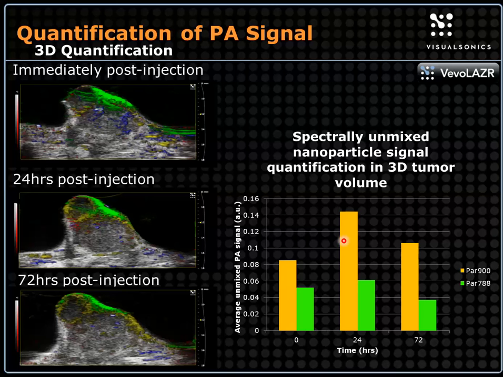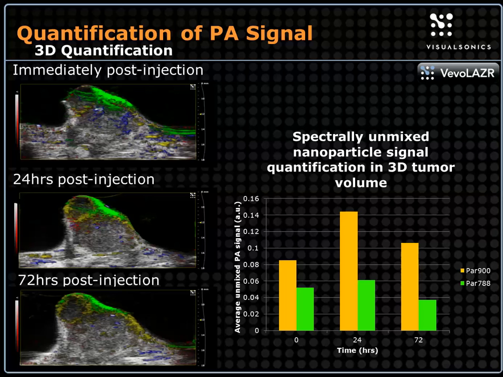The PAR 900, on the other hand, does increase, similar to the PAR 788. It decreases after 72 hours, but it never comes down below that baseline signal, indicating that it is staying within the tumor to a greater extent than the PAR 788.